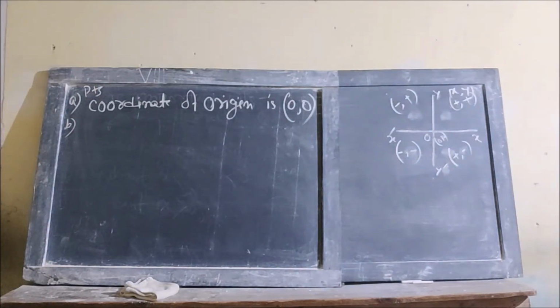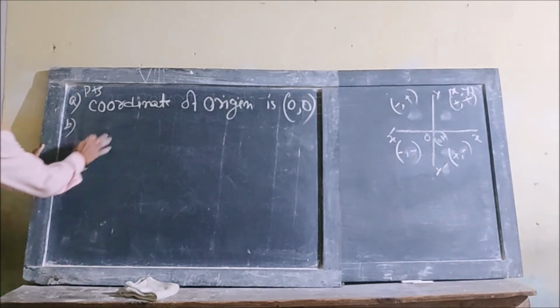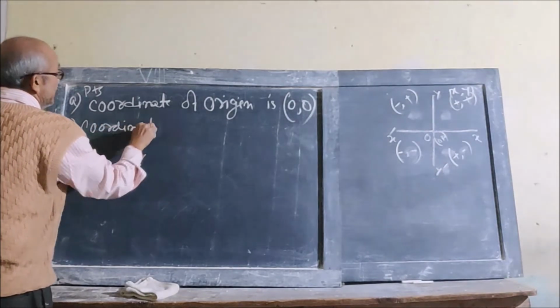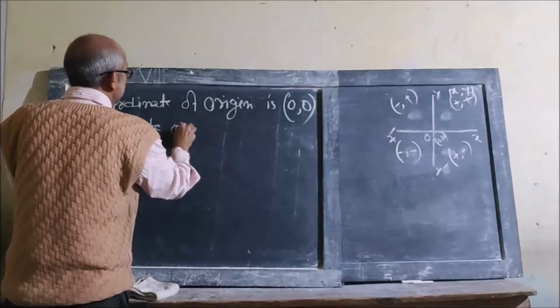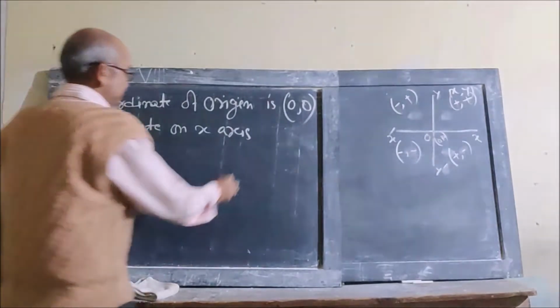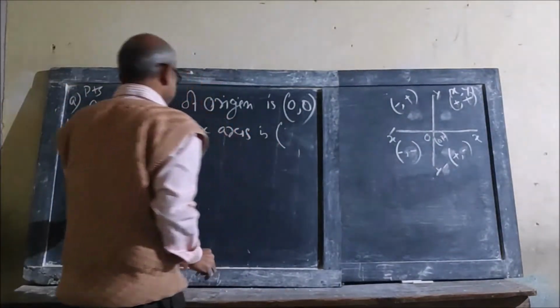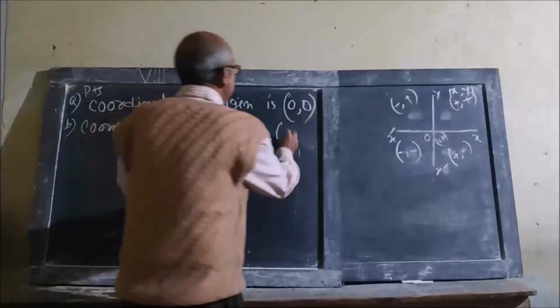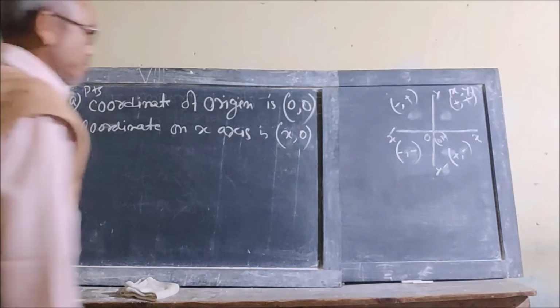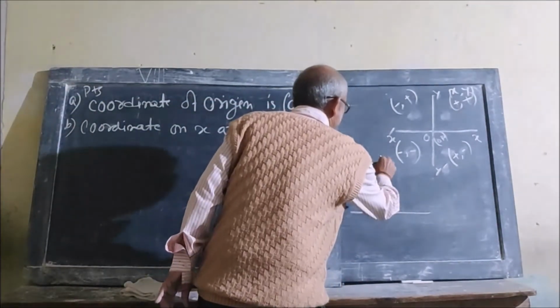Point B: coordinate on the x-axis. A coordinate on the x-axis means x remains but y is 0. Suppose this is the x-axis and this is the y-axis.